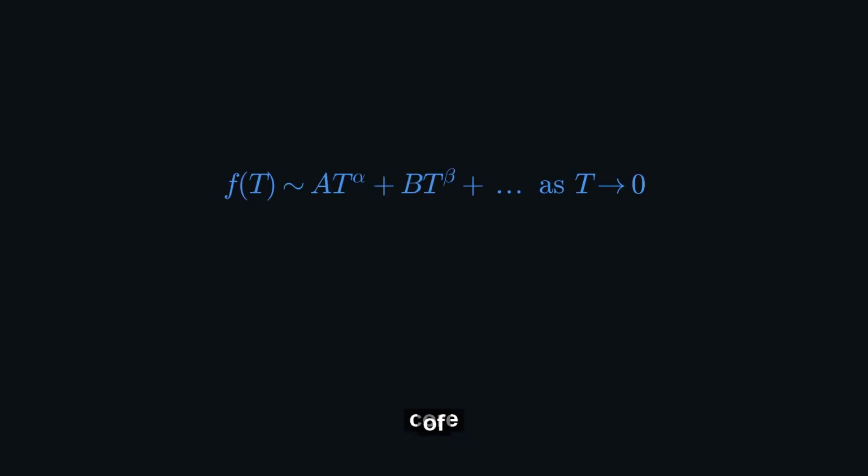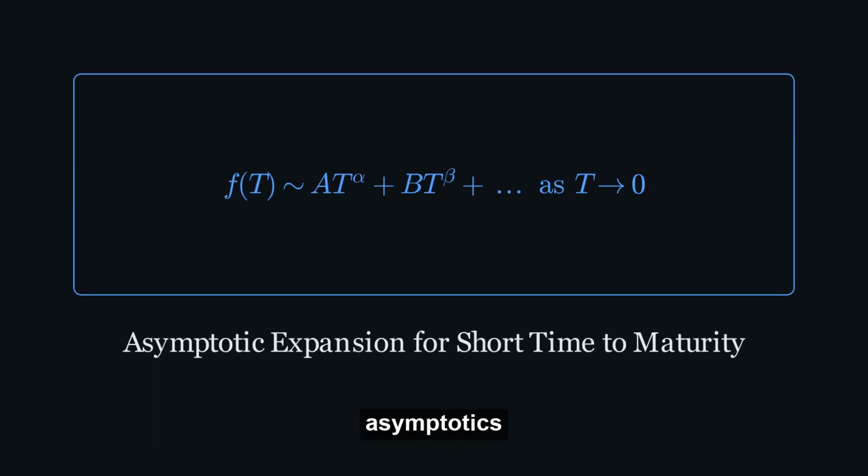This brings us to the core of the research, short maturity asymptotics. When we say asymptotics, we're essentially looking for powerful approximations. Imagine you have a complex function describing an option's price, F(T), where T is the time to maturity. As T approaches zero, the function can be approximated by a simpler series, like A T^α + B T^β.